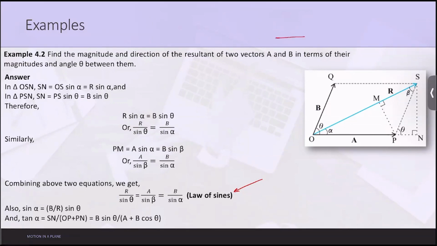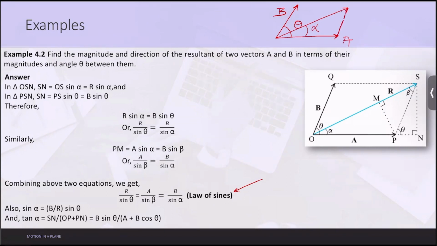So what was the question given to us? Let us say this is the vector A, and this is some vector B. So these were the two vectors. The complete angle between them was theta. The resultant was at some angle alpha, and this was at angle beta.